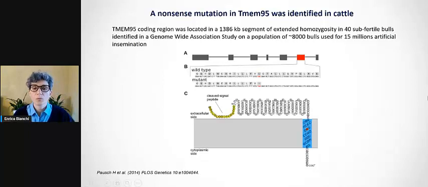So the group that identified the protein was able to narrow down a homozygosity region in a subpopulation of bulls that were severely subfertile. This mutation was a nonsense mutation in the transmembrane region of a protein called TMEM95. And as I said, the bulls were severely subfertile.